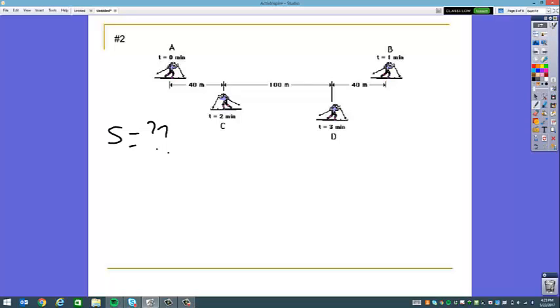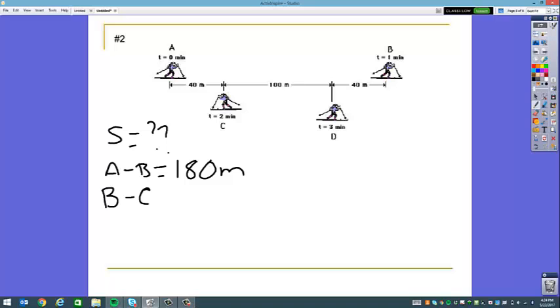Then, to find your distance, we're first going to look at the distance from A to B. So A to B moves in this straight line from A all the way to B, which ends up being 180 meters. 40 plus 100 plus another 40. Then you look at the distance B to C. So now you're going from over here at B, going to C, which is right here.